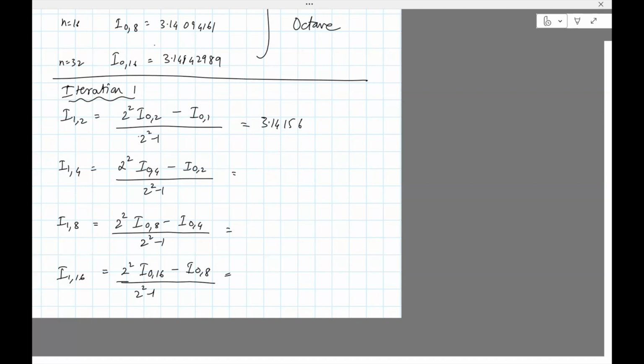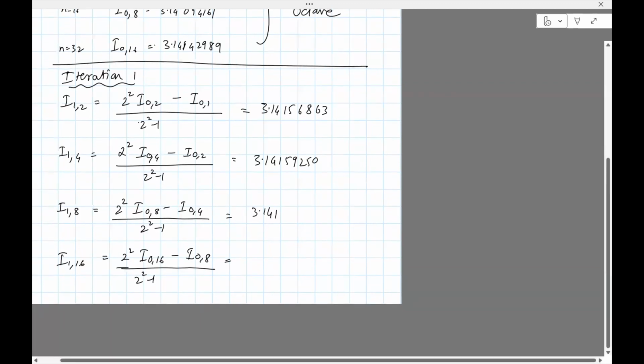So you see we're already getting close. 3.14159265. Actually, that's the right value to 8 decimal places.